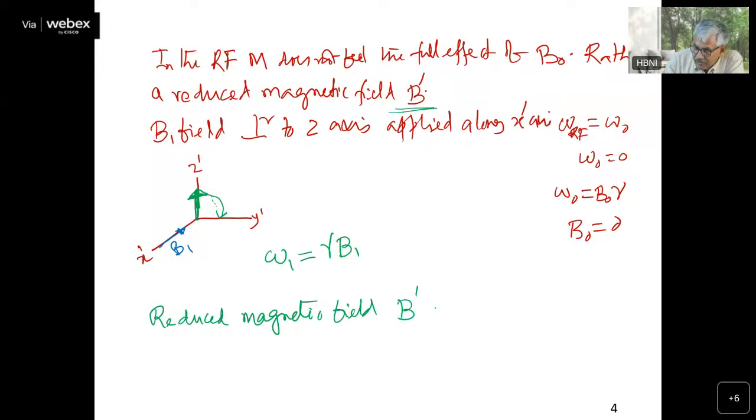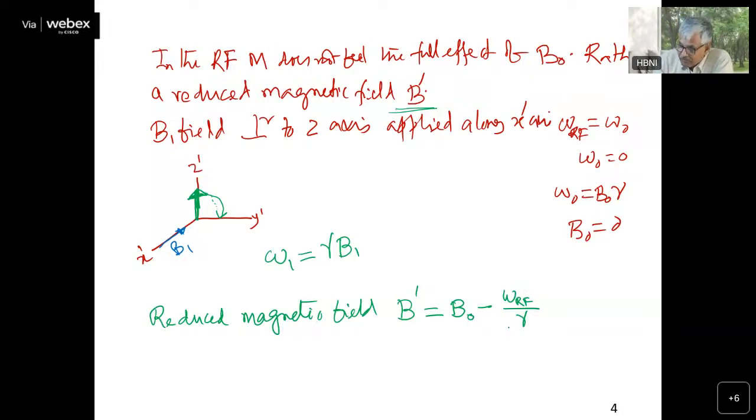B prime will be B0 minus, due to the relative motion, omega rotating frame frequency divided by gamma. If omega rotating frame matches omega 0, then B prime is 0. But under certain conditions they are not perfectly matching, and many times they are not perfectly matching.